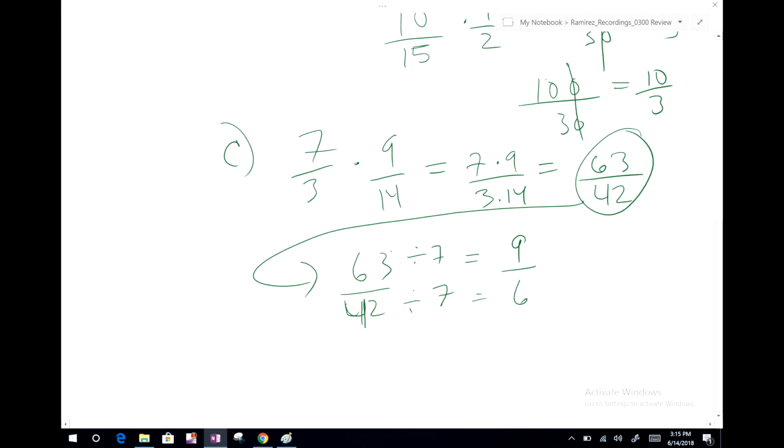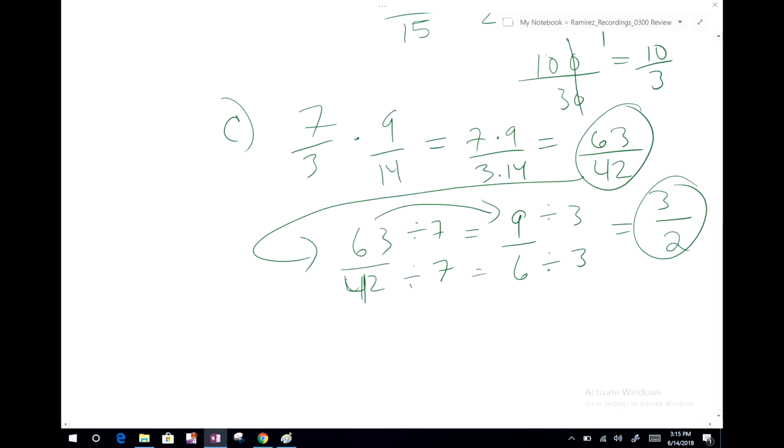So now this fraction is reduced to 9 over 6. And so I hope you can see that each one can be further reduced by dividing by 3 further. So 9 divided by 3 gives us 3. 6 divided by 3 gives us 2. And there's nothing else that we can do after that, so this would be our final answer.